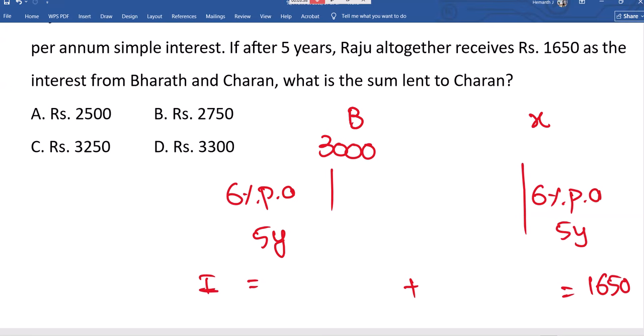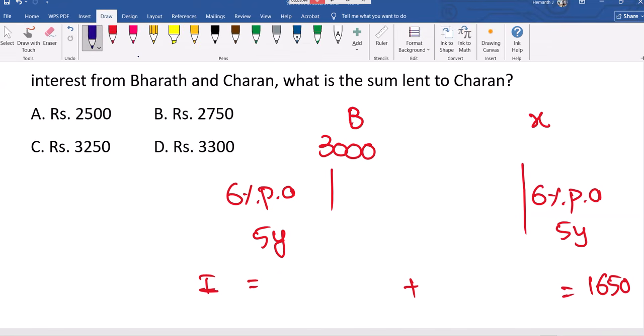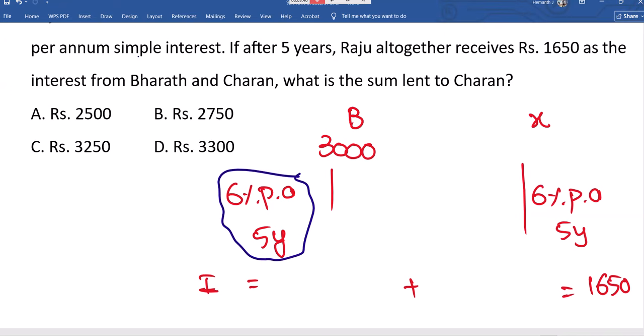My dear friend, what is Bharat's interest? 6% per annum for 5 years means what rate of interest combined? 30%, right? 30% of 3,000 means 900, right? What is the remaining pending? The remaining 750 should be given by whom? Charan.